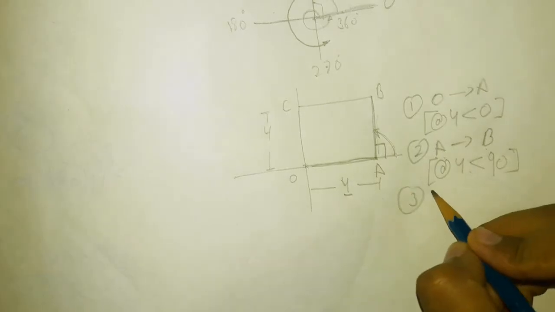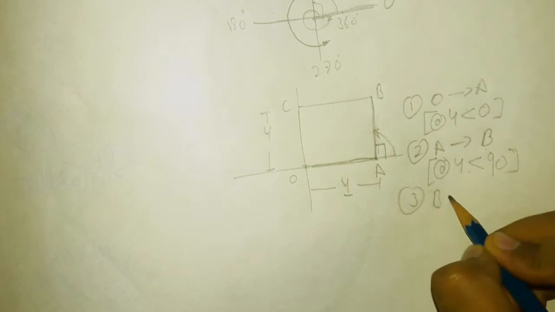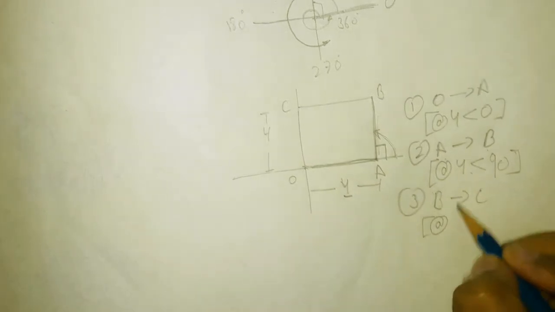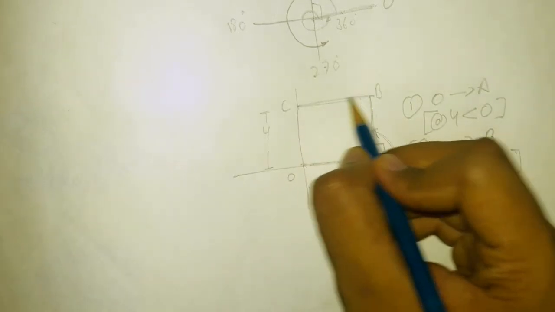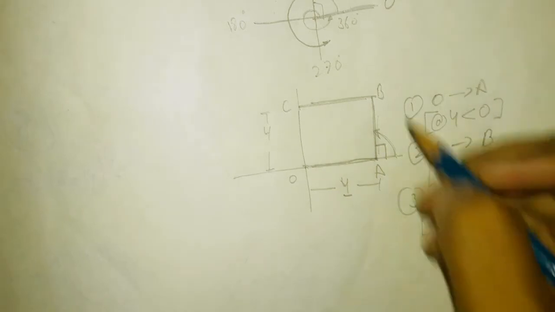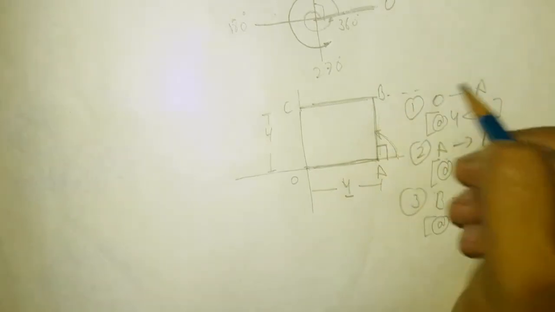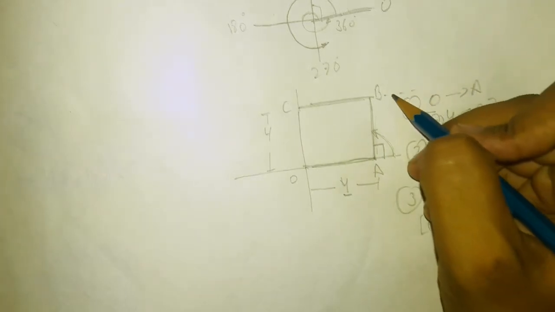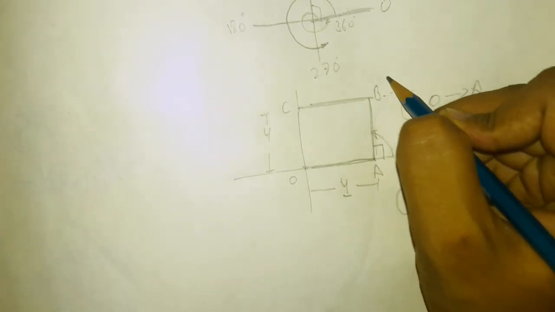Third one, from B to C, similar, at the rate distance is our 4 greater than, move always in anti-clockwise direction.